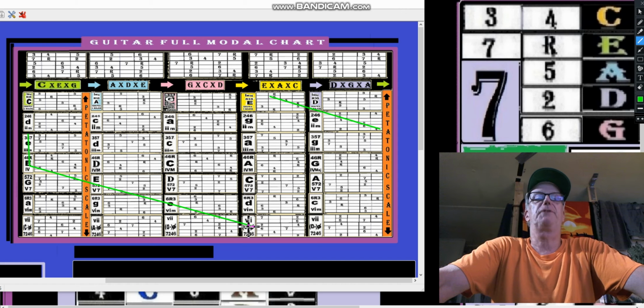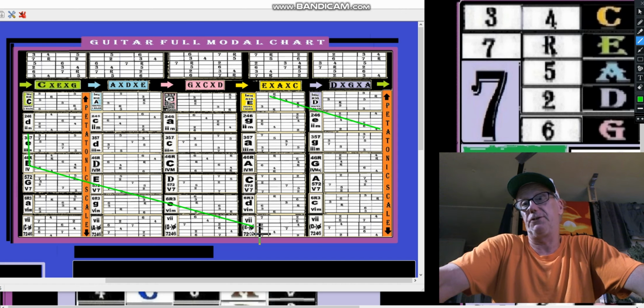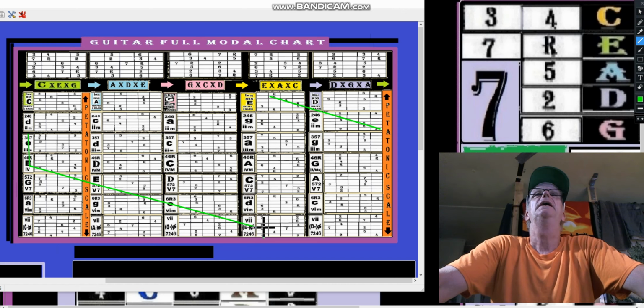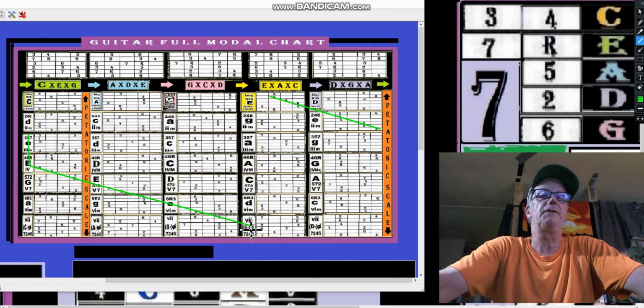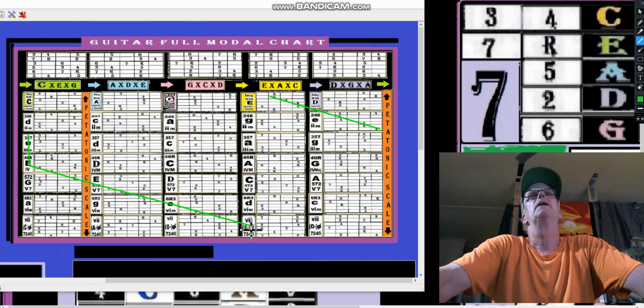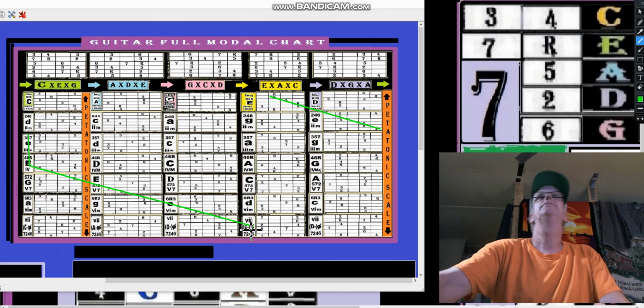The B half diminished is a half step below the root E shape, but it also has a diminished 5th. So it's pretty much B minor 7th minus 5. Anyway, that's what that is.